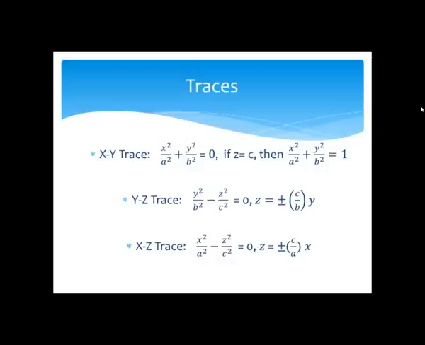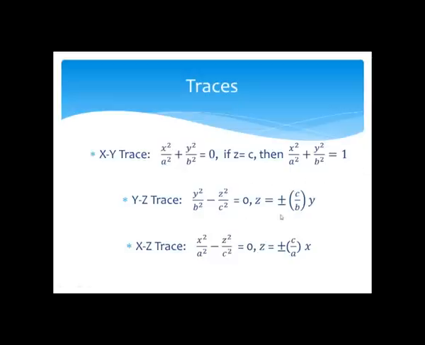Then the equation will result in an equation that resembles an ellipse, such as this. To find the yz trace, simply equate the x variable to 0. This would result in an equation such as this.